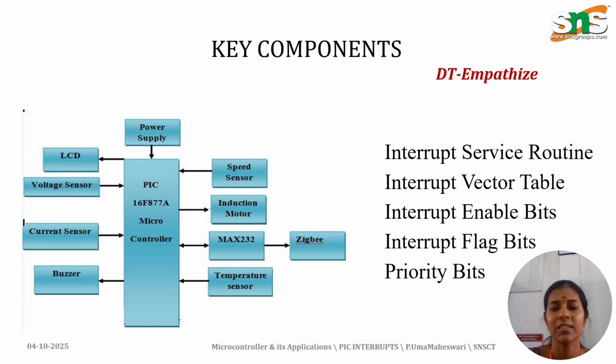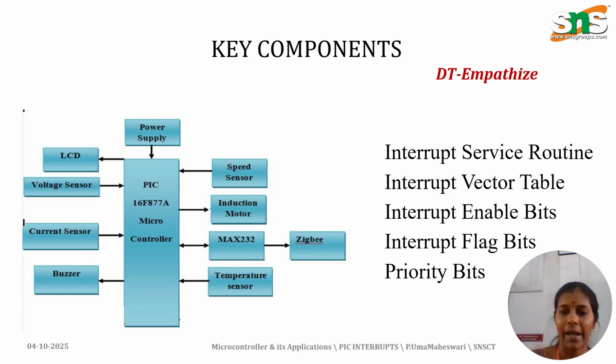The thing is, whether you go for LCDs, sensors, a current sensor, serial communication, motors, or temperature, for example a temperature sensor, by using that temperature sensor we will be displaying something.